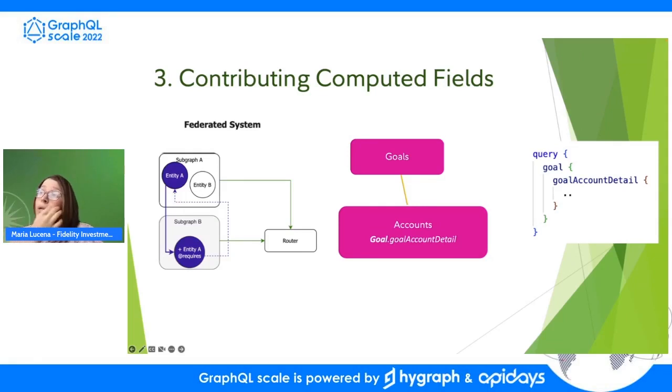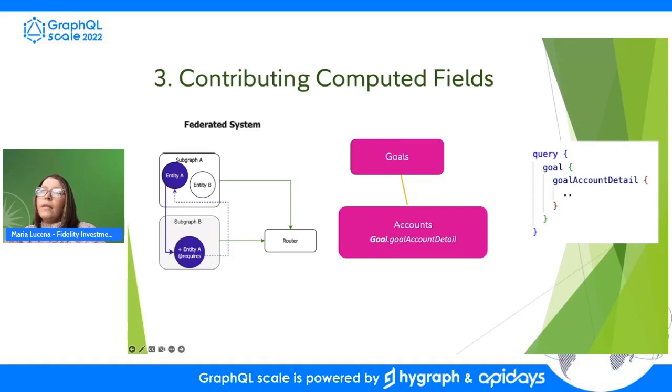So if we want to get the details of each of those accounts, we would need to extend the goal entity and add that information in the account subgraph, which is where the data resides. For that, in this scenario, we need extra information other than the main ID, the identifier of the goal, in the account subgraph in order to resolve the goal account details field.